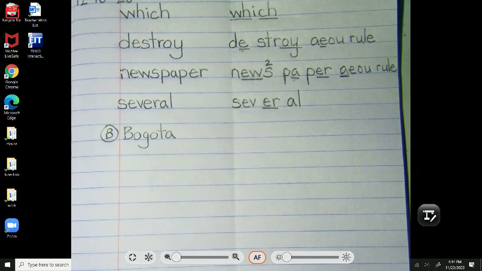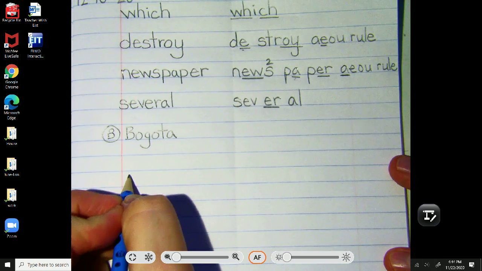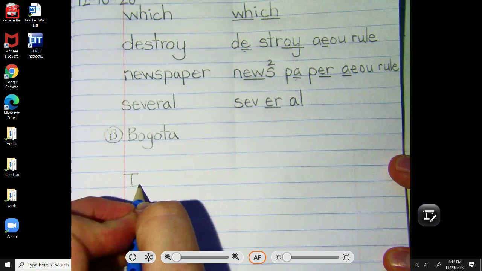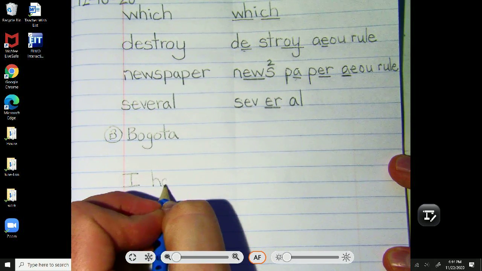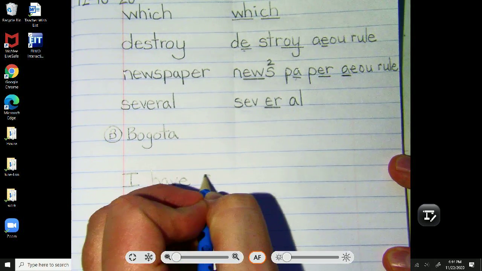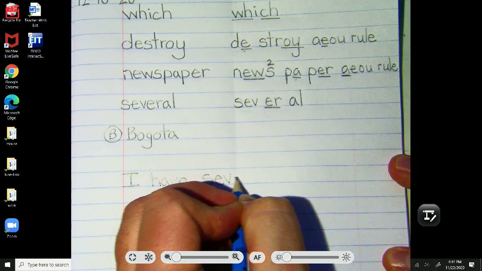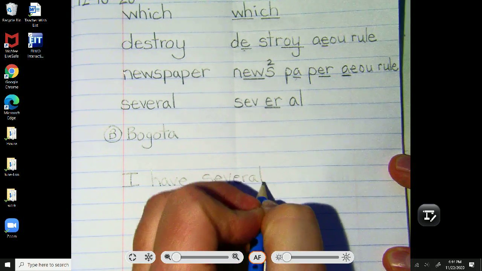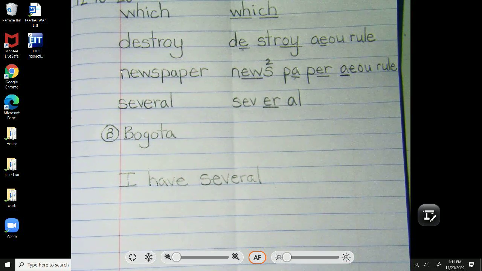you could make a picture of what do you have several of. I have several blank. And it doesn't have to be true. It could be. But what would be something maybe fun to have several of or strange to have several of?